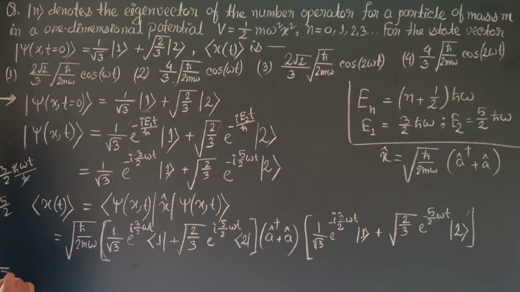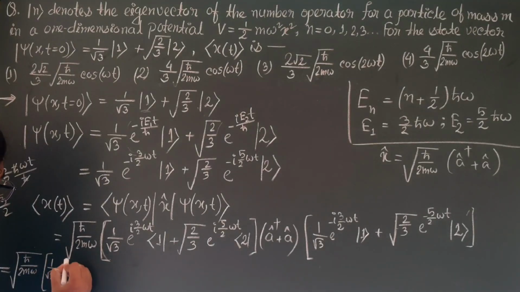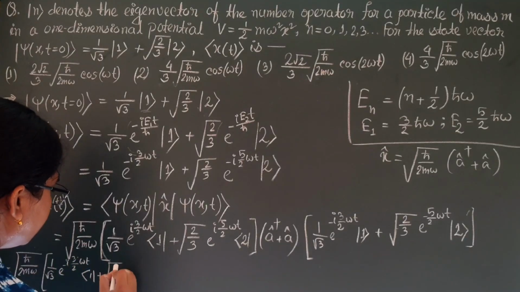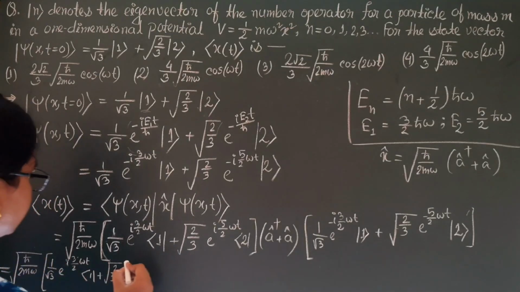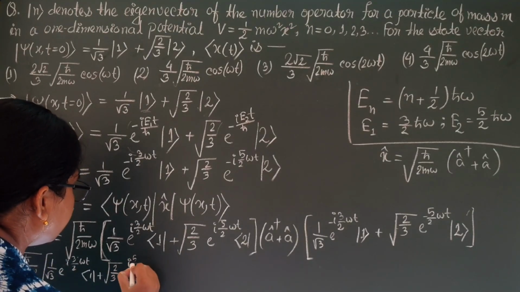So what will this be? Root under h cut by 2m omega, 1 by root 3 e to the power minus i 3 by 2 omega t bra 1 plus root under 2 by 3 e to the power plus i 5 by 2 omega t bra 2.